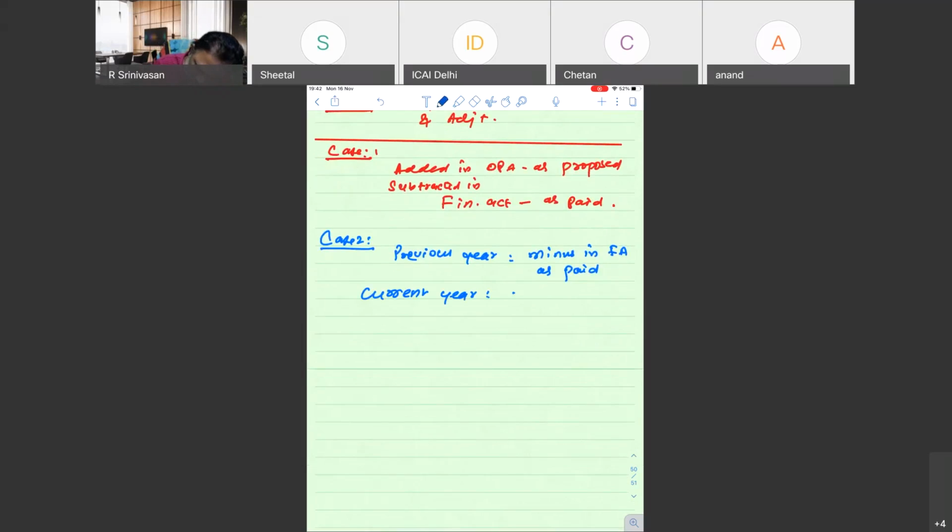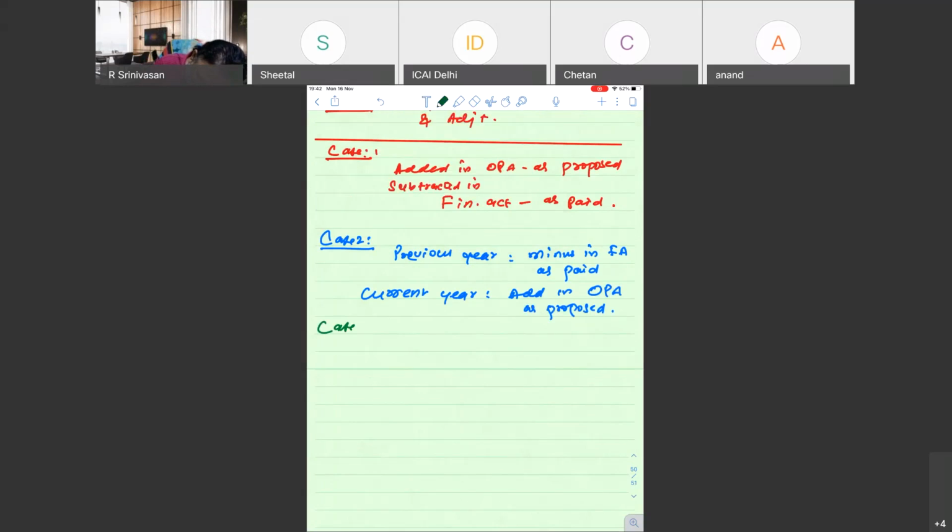Current year: add in operating activity as proposed. Same funda, what we have discussed, same funda.